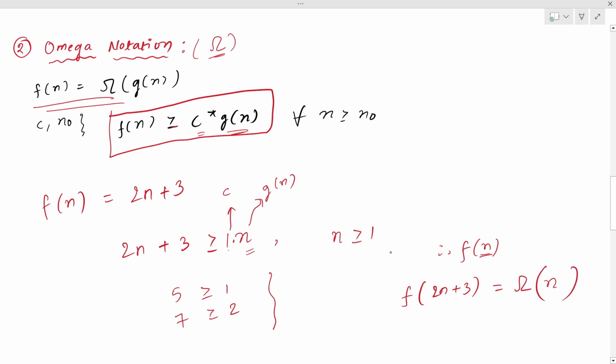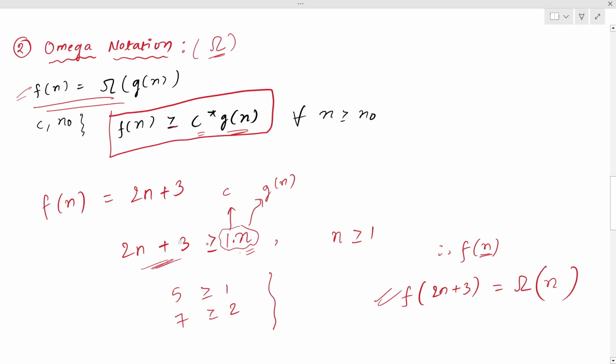So you can see how I have identified this f of n function. Nothing is different, it is similar to big O notation, just the sign has been reversed, and you need to see those values that are lesser than this. Whatever you write over this RHS must be less than this LHS.